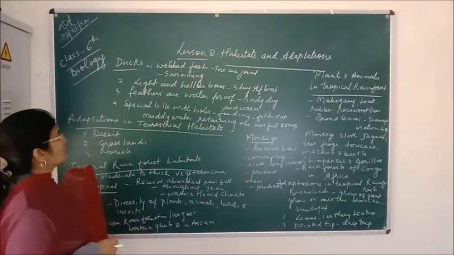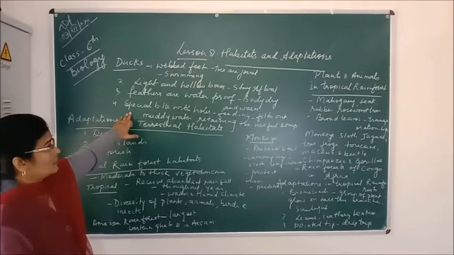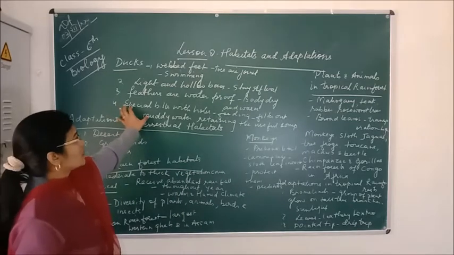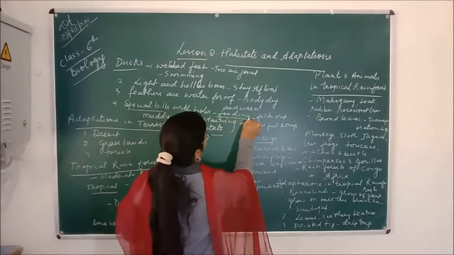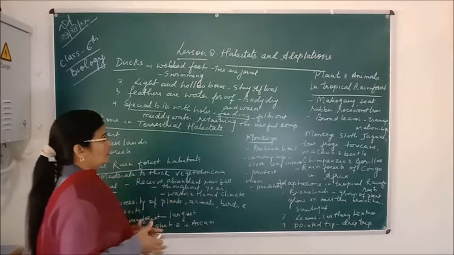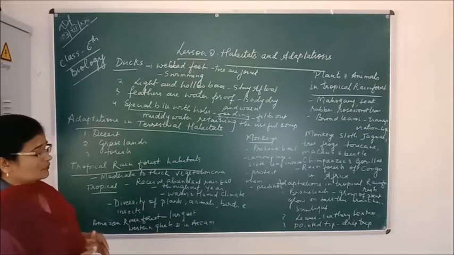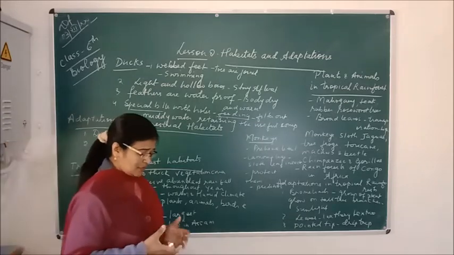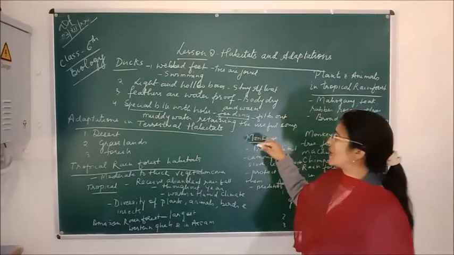And the fourth main feature of the duck is that they have special bills with holes, and these help them to feed according to their feeding habits. The water which comes in contains many mud particles also.